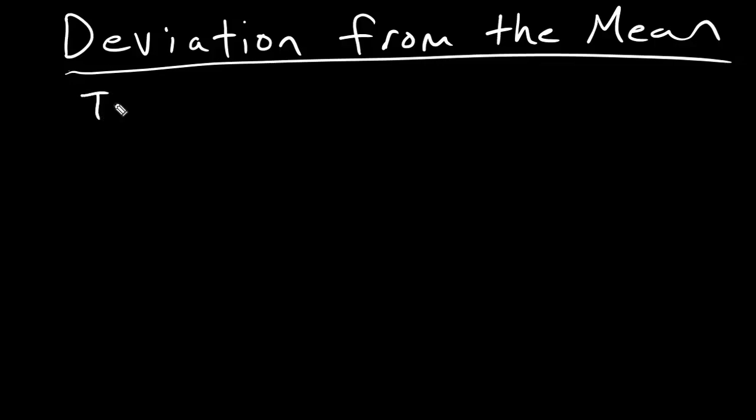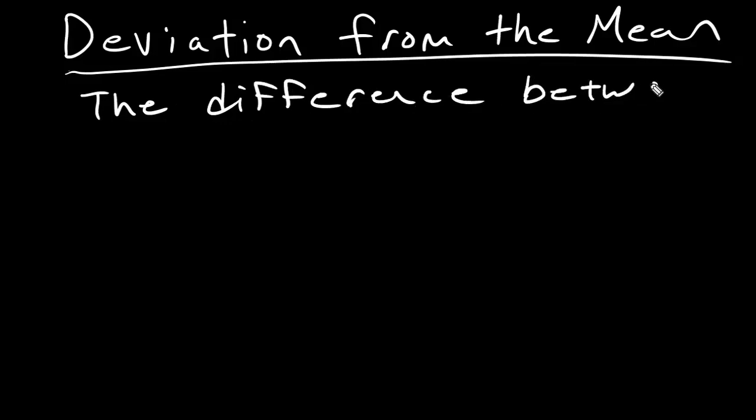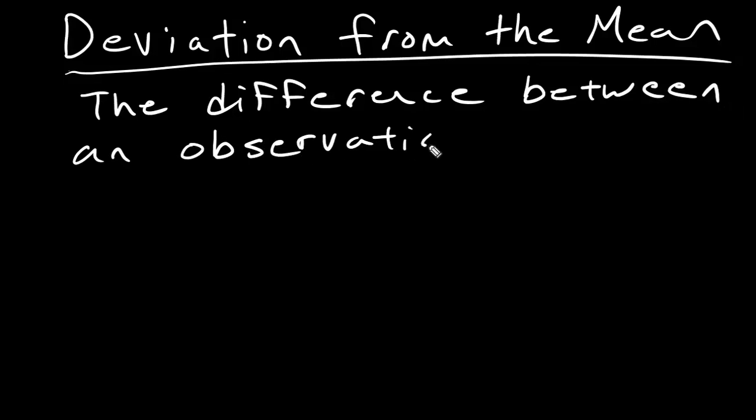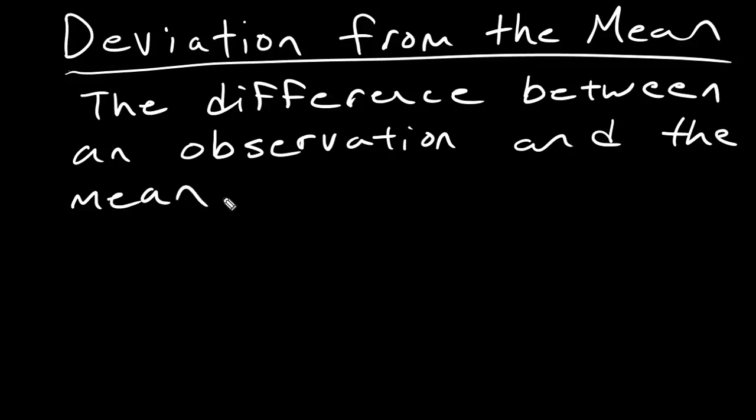All right, so what is that? All right, so the deviation from the mean is the difference between an observation and the mean, right? Mathematically, we would write it something like this, all right?